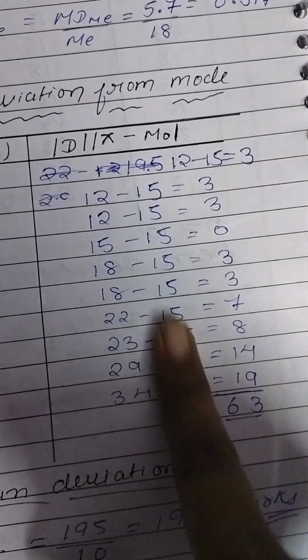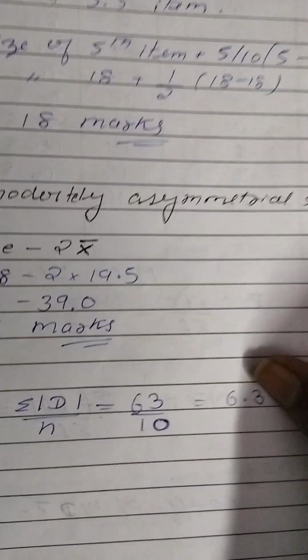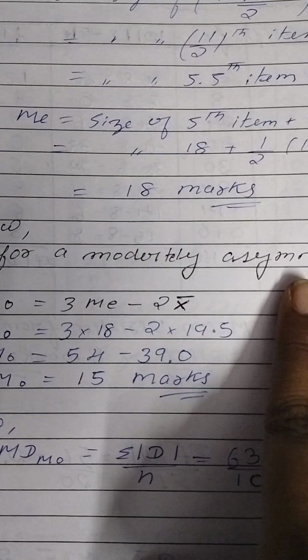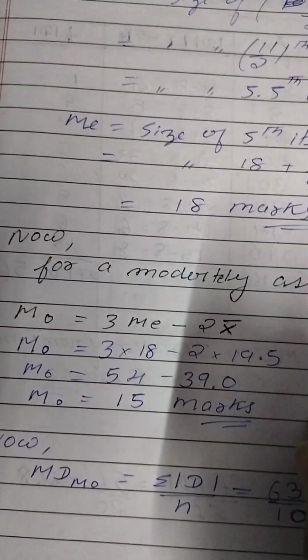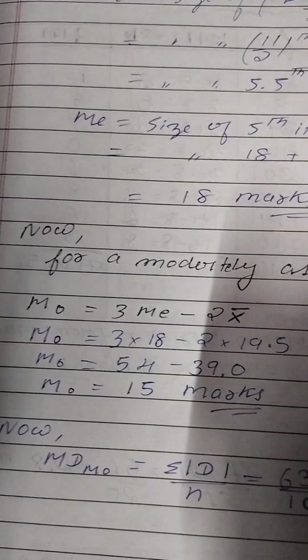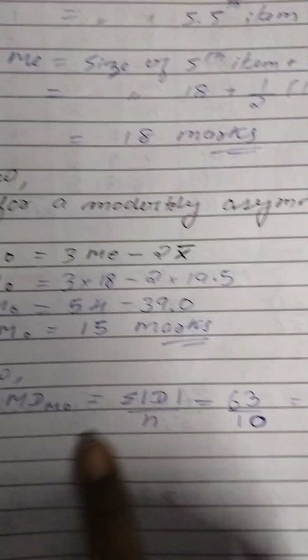Then we will subtract each and every value from the mode, get these values, and add all of them. Whatever we get is due to the effect of the mode. For a moderately asymmetrical series, we put the values and get 15 marks.